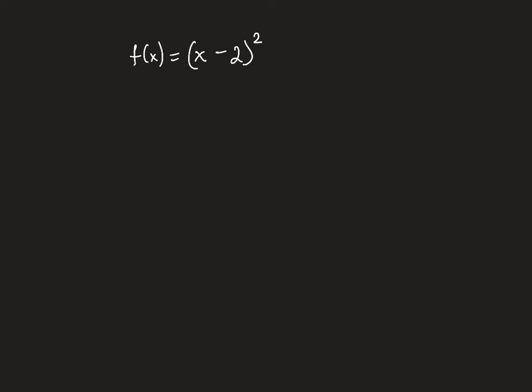What is that going to do to our parent function? Well, this one's a little tricky because the sign on the inside is going to move it in the opposite direction of what you would think. So I'm looking at this, I see that it's on the inside of the function, so I know this is going to go either left or right.